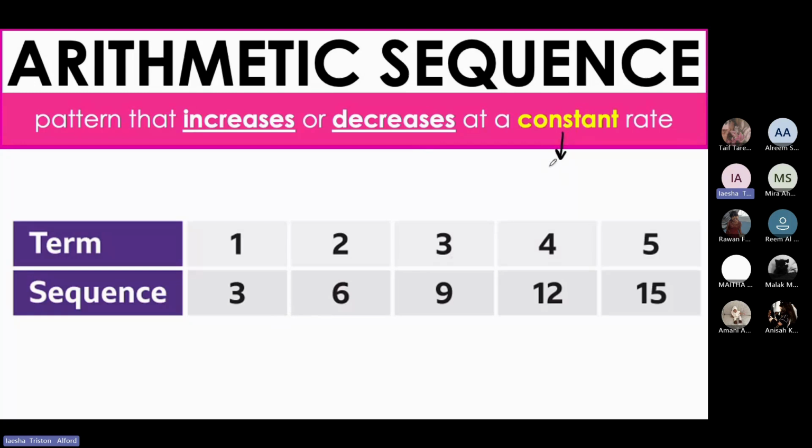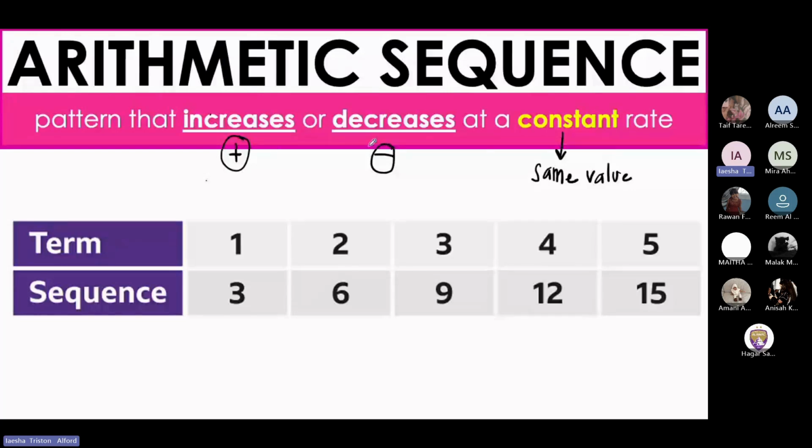Constant rate means it has to be the same value, the same number. Increase means we add, and decrease means we subtract. Or increase means we got a positive number, and decrease means we got a negative number.